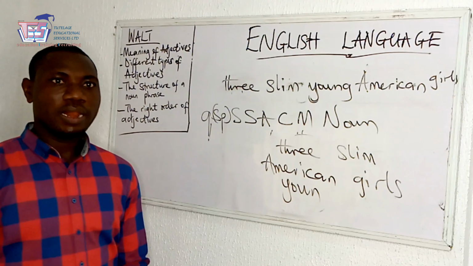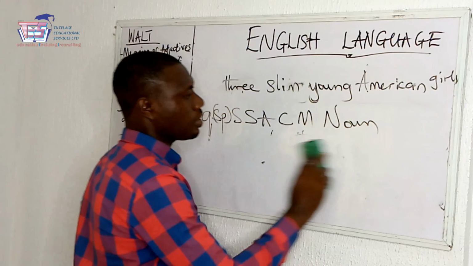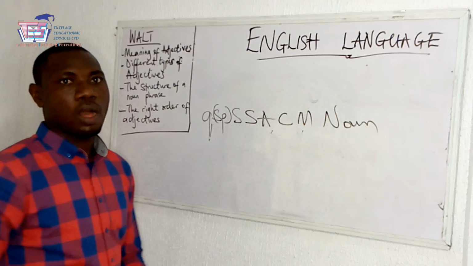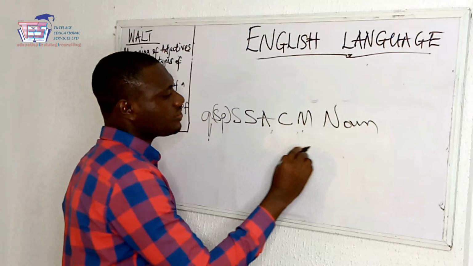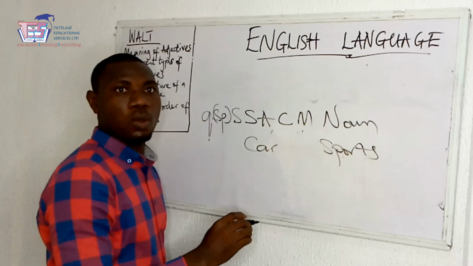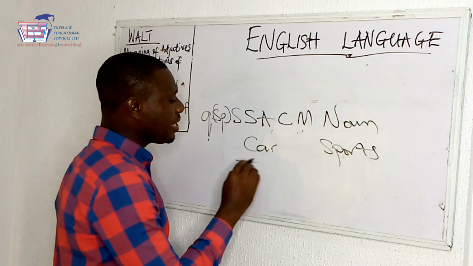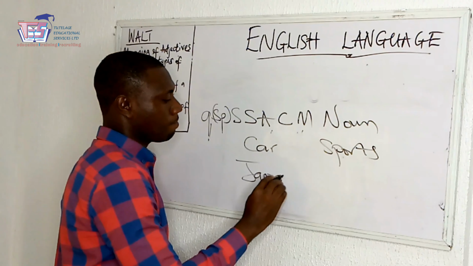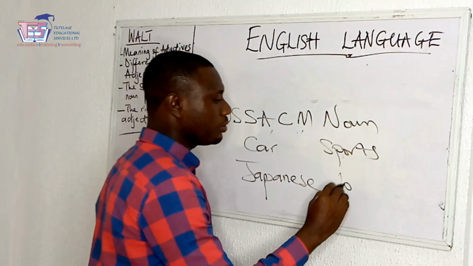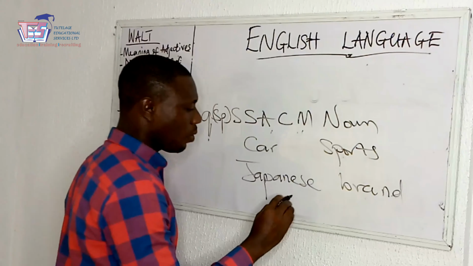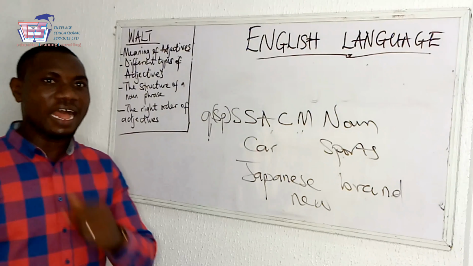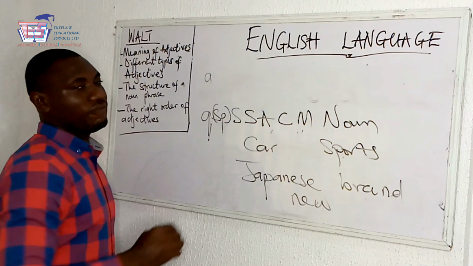Let me just give you two more examples. Let's look at how we can arrange these other words. Let's say you have sports, car, Japanese, and brand new. How do I start from here? Very simple.